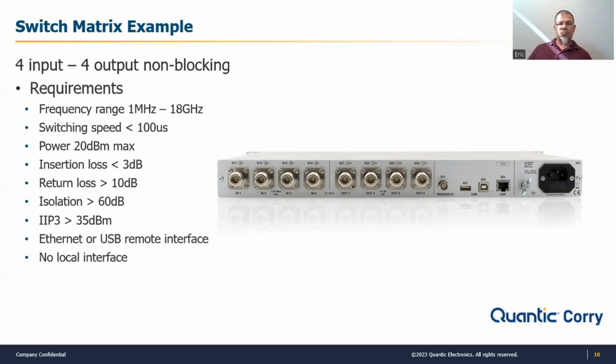And so for this, we came up with some requirements: frequency range of 1 meg to 18 gig, 100 microsecond switching speed max, 20 dBm power input, 100 milliwatts, insertion loss less than 3 dB, and you can see the rest there. And the slide shows a picture of what a switch matrix like this with N-type connectors would look like.